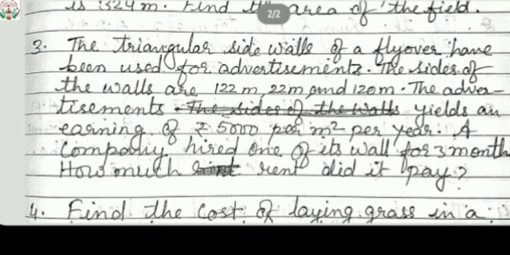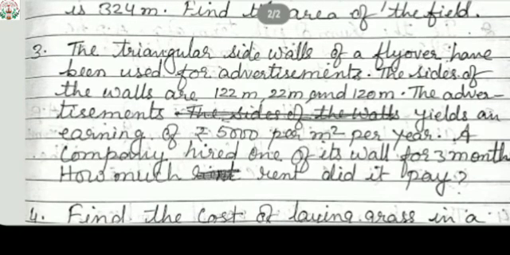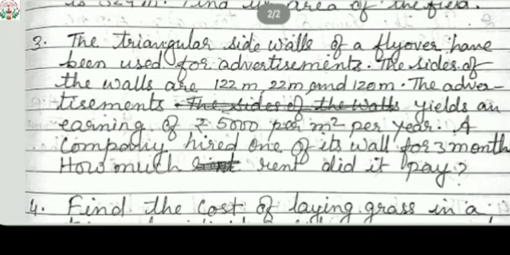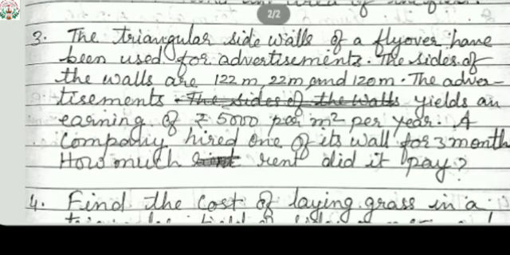After knowing S, A, B, C, we can find the area of the triangular wall as square root of S into S minus A into S minus B into S minus C. After substituting the values, we will get the area. For 1 meter square for 1 year, the charge is rupees 5,000, so multiply the area by 5,000. That much rupees is for 1 year.